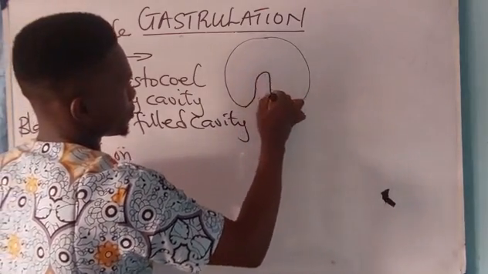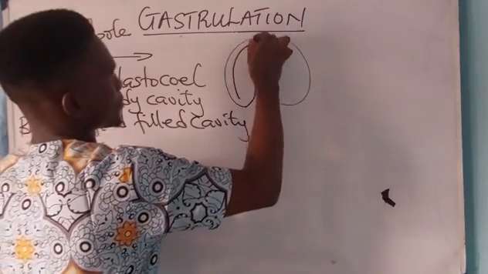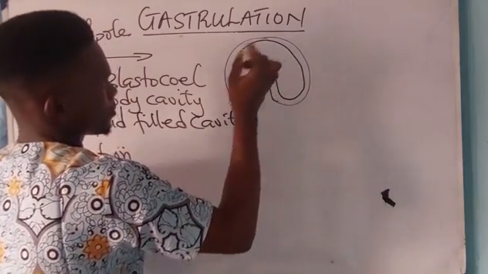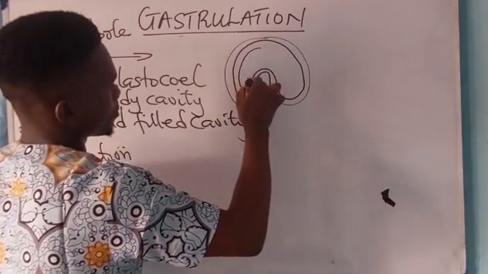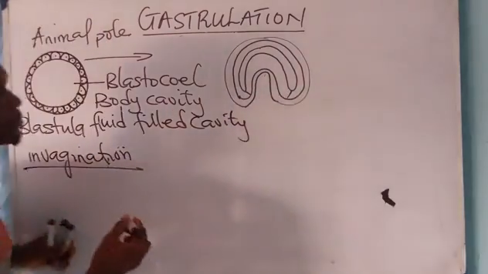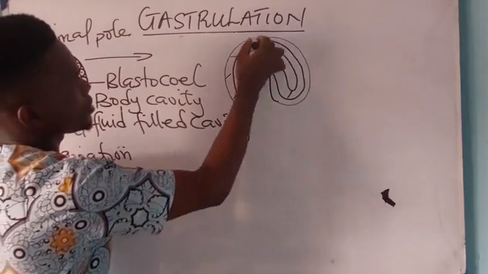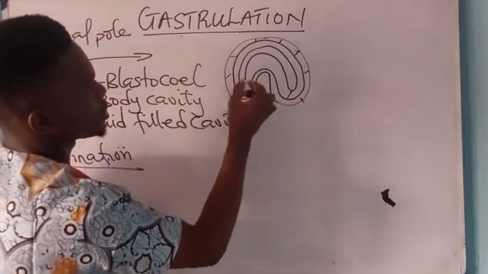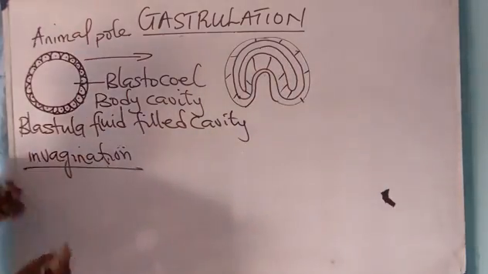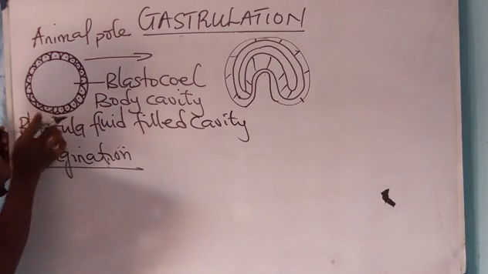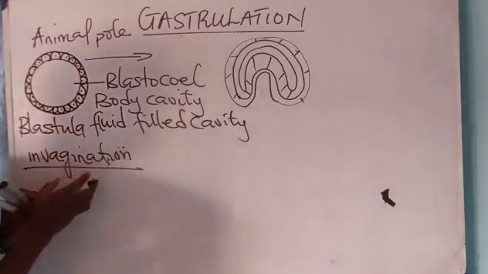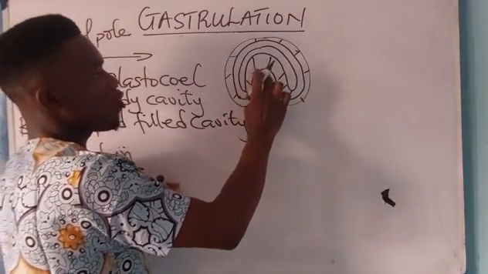Now you have this. You now also have this. Now, the vegetal pole of this has pushed inward. You say it has what? Invaginated. Now, as soon as it invaginates, it forms a hollow.